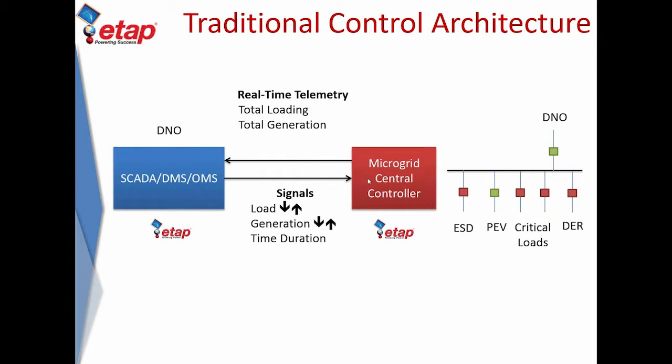But what's important is we can also utilize ETAP on the SCADA, DMS, OMS side for the DNO or the utility distribution side, and the two systems essentially coordinate with each other based on telemetry going back and forth, as well as certain signals such as generation load and timing.